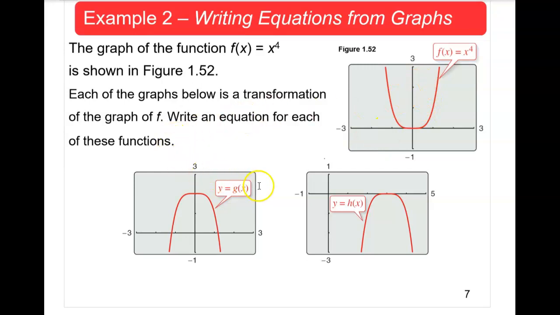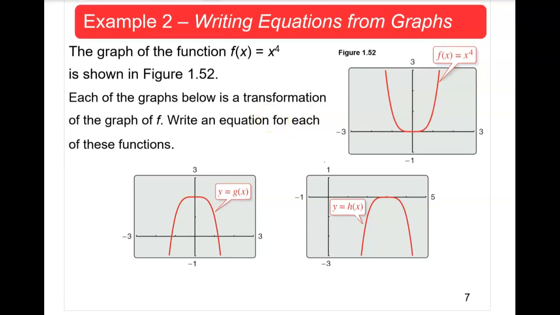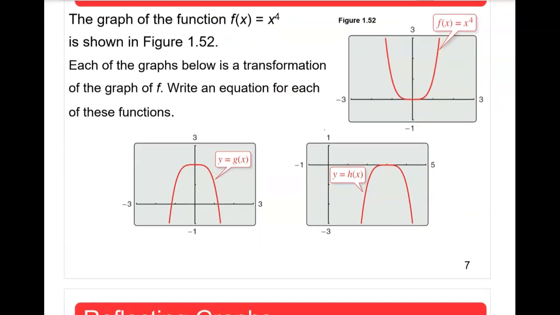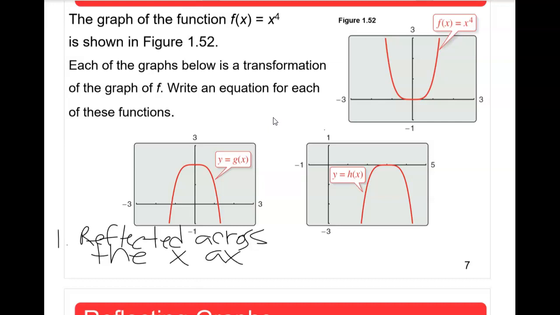So g of x, I can see that it is reflected across the x-axis. And also, it's like if we had a parabola upward and now it is downward.